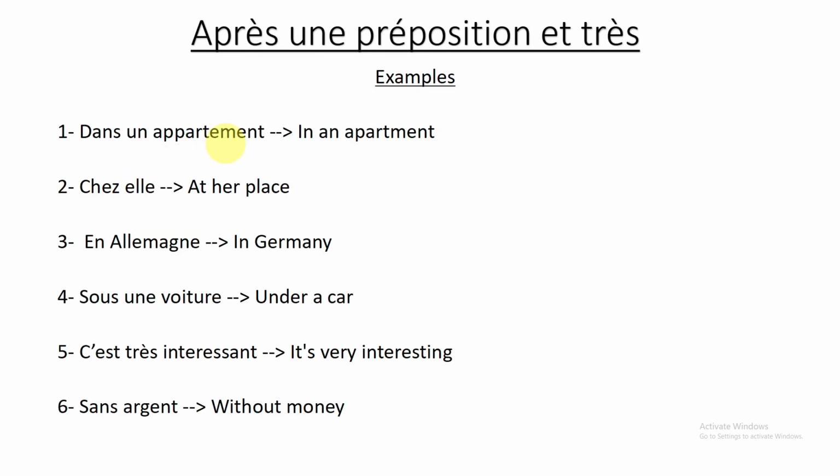So let's see some examples. I'm not going to pronounce the liaison. Dans un appartement. Chez elle. En Allemagne.